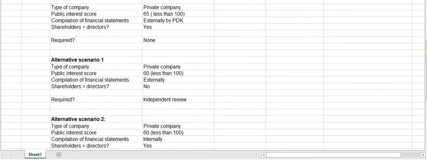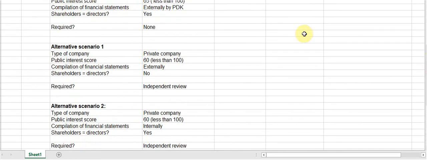If it is less than 100, it is important to go and see if there is a conflict of interest between who compiles the financial statements and whether the shareholders are also directors. So here there was no conflict of interest and it was less than 100, so nothing was required.